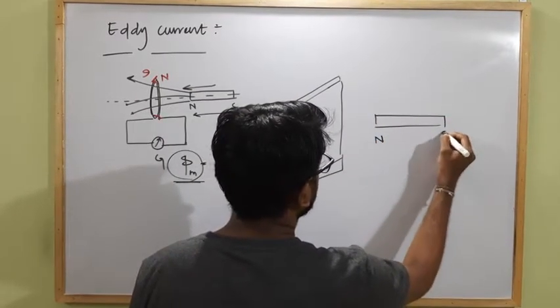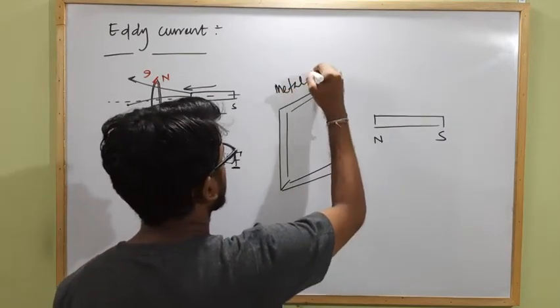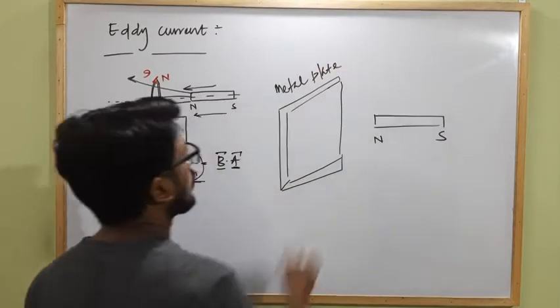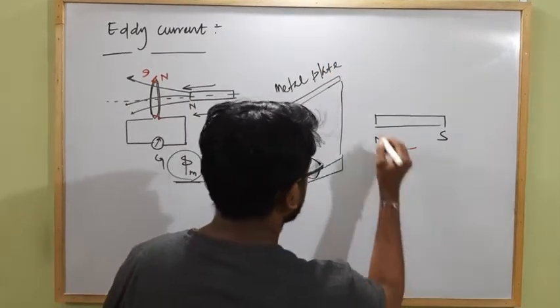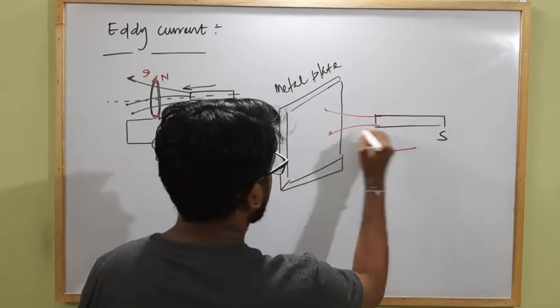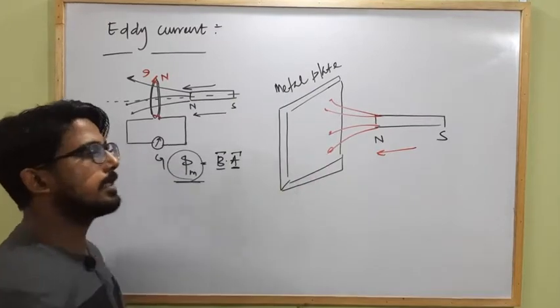This is the north pole and this is the south pole. It's a metal plate. As the bar magnet moves along this direction, the magnetic field lines linked with this metal plate start increasing. So what will happen in this case?